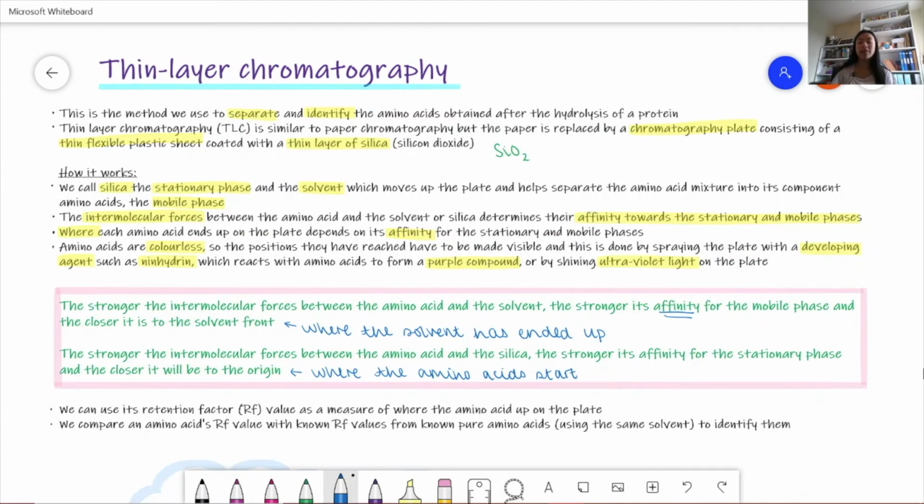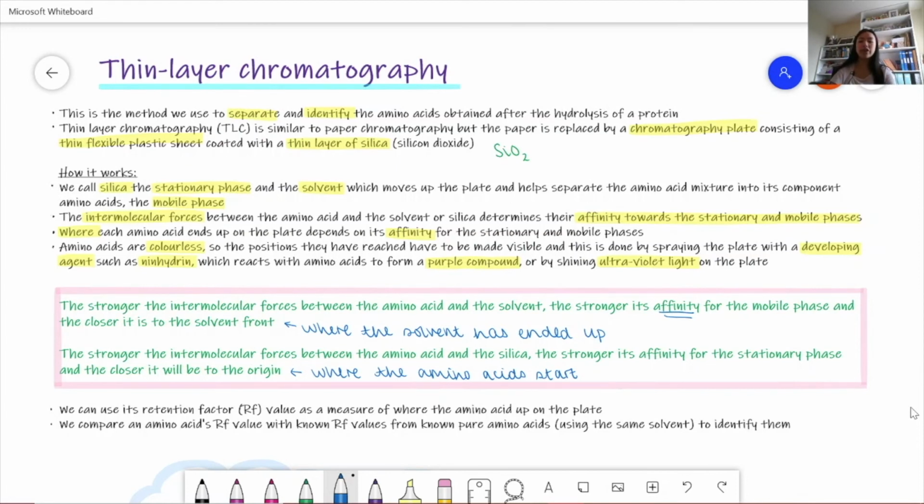So how we make sense of this is that because there's stronger intermolecular forces between the amino acid and the silica compared to the amino acid and the solvent, that means it sticks to the silica more. And because the silica isn't moving, that means that where the amino acid ends up will be much closer to where it started off, compared to where the solvent has ended up, because it's more stuck to the stationary phase, the silica, compared to the solvent.